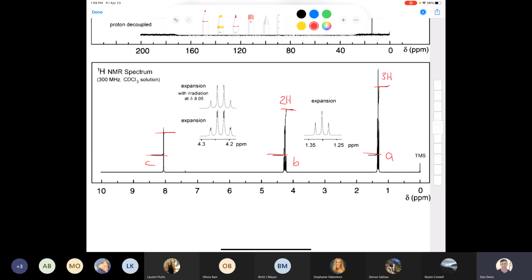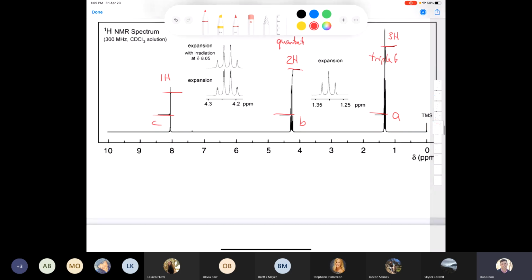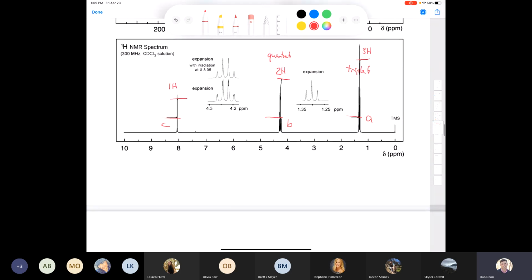This signal integrates for 2 protons, and this signal integrates for 1 proton, like that. You can see that this signal here looks like a quartet. So this is a quartet. This signal here is a triplet, which makes sense because we think we have an ethyl group in our molecule. And then we have the other proton that isn't coupled to anything. It's not split in any way. Does all of this make sense?